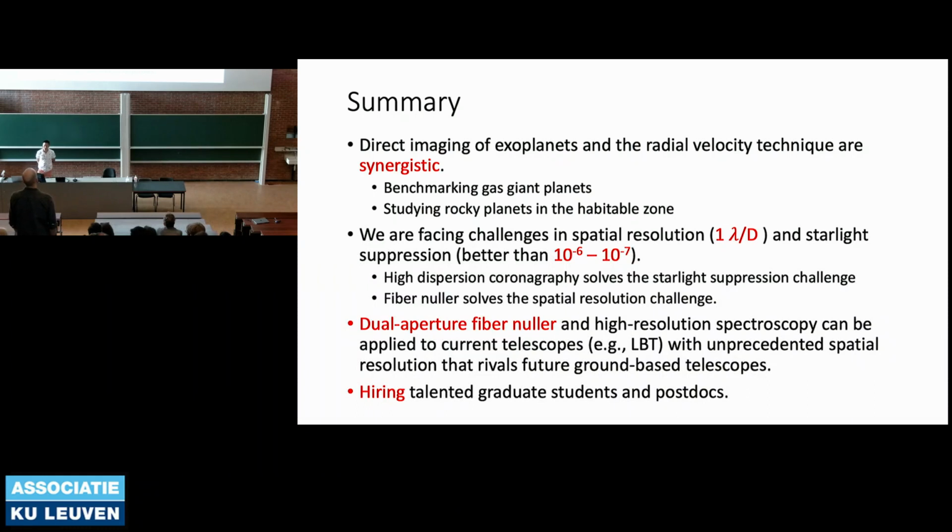But for space missions, it is significantly affected by detector noise, such as dark and readout noise. So the optimal resolution is on the order of a few thousand. But for ground, it is about 100,000.